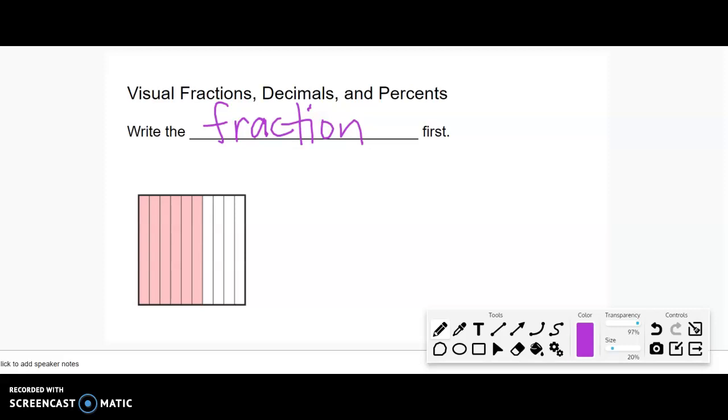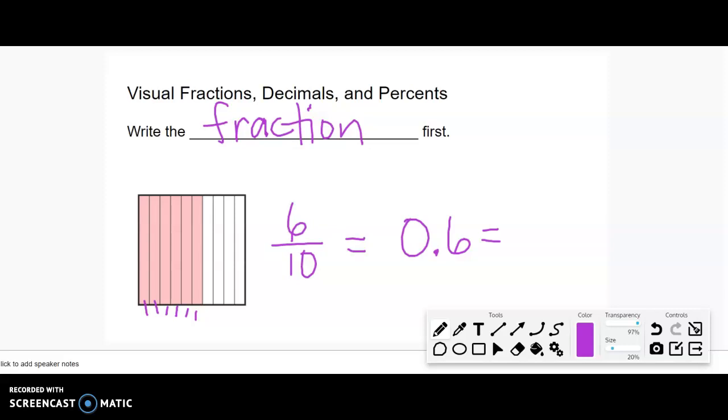So if I say, okay, 1, 2, 3, 4, 5, 6 out of 10, I have 6/10, which I can write as a decimal, right? 6/10. I put a 6 in the tenths place. And then I can turn it into a percent.